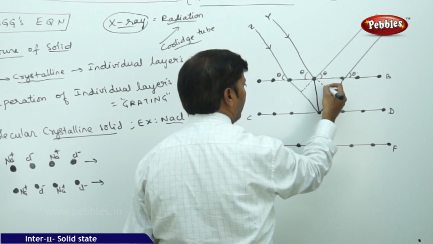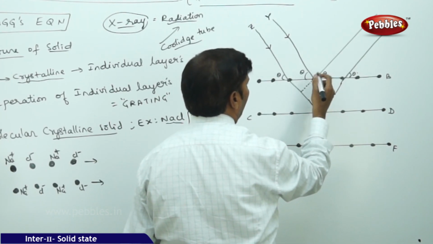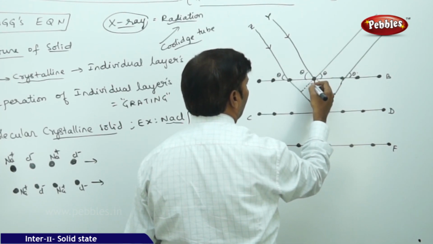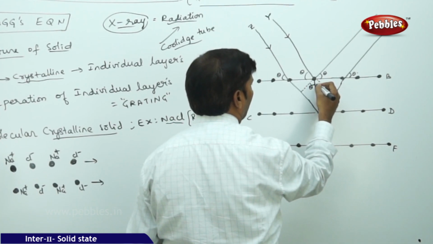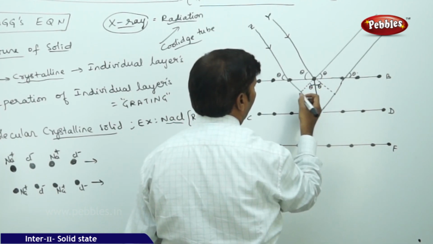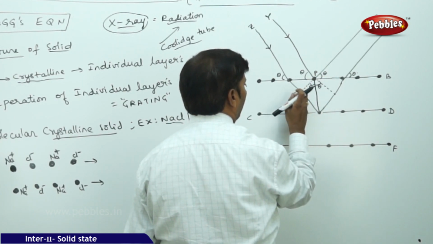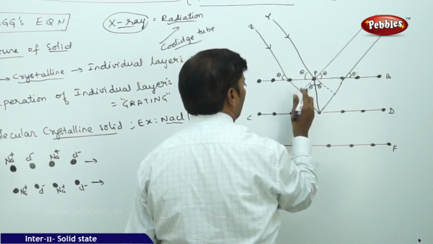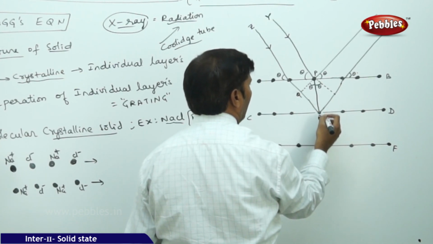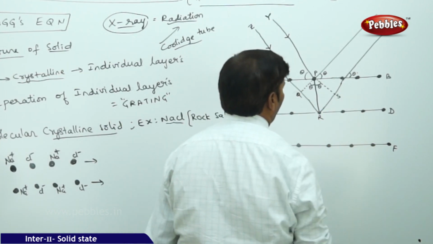Here I take the theta value, and here also theta value. I will mark these points as P, Q, R and S.